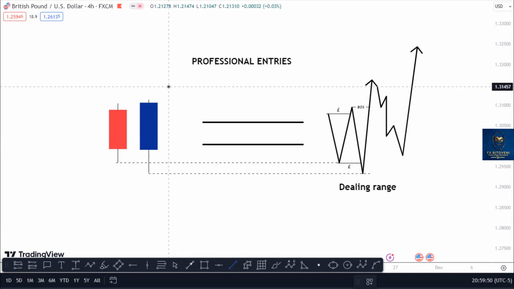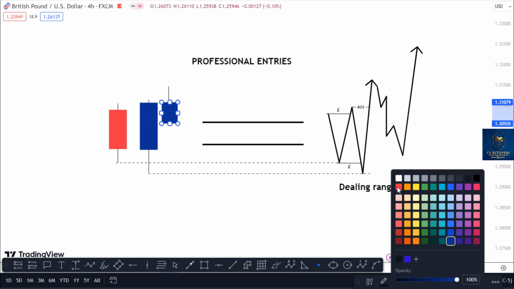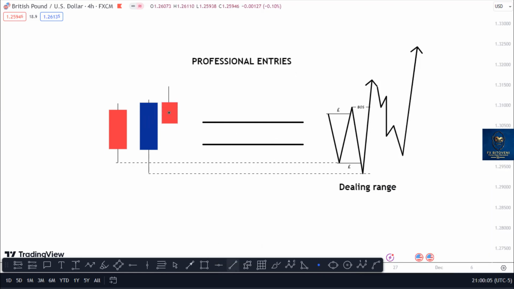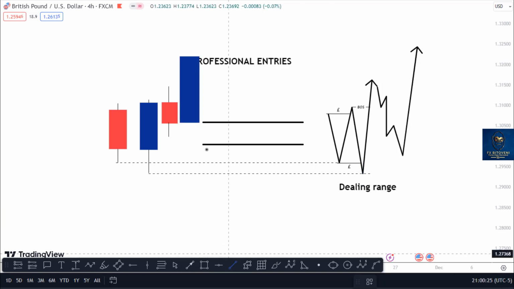Let's say you have a negation forming here, and this candle is negating. Since we have a strong bias to the upside on a high time frame, expect another negation to form here. This candle will trade down and we negate this one again, and it will close bullish like this.